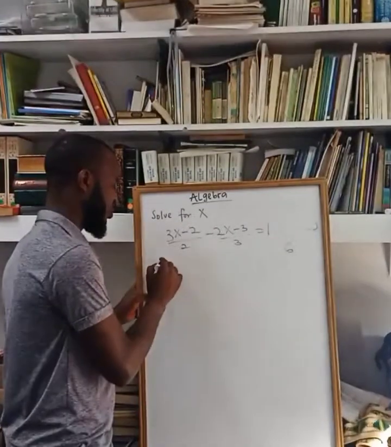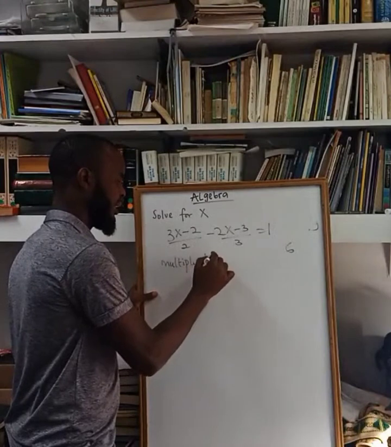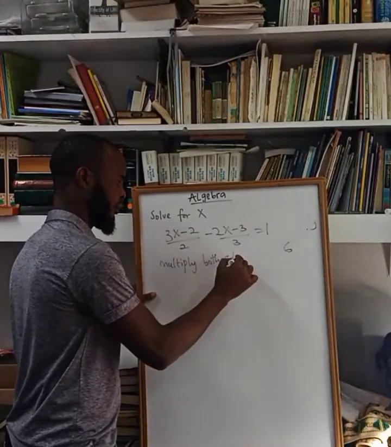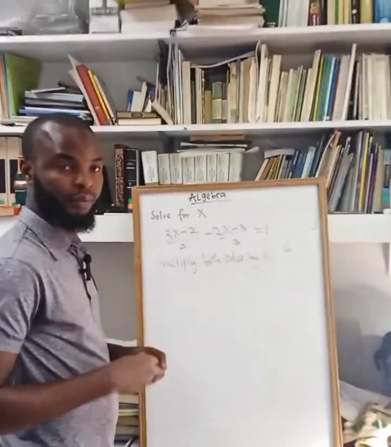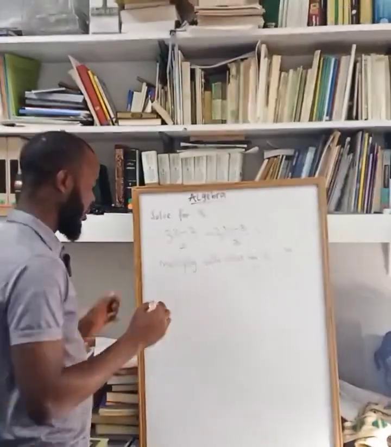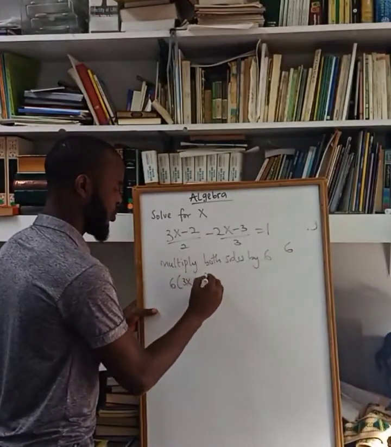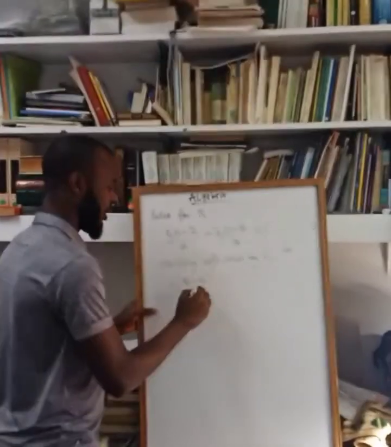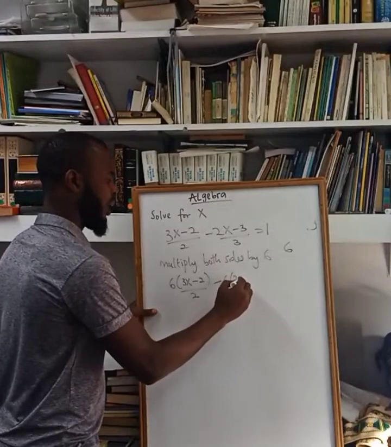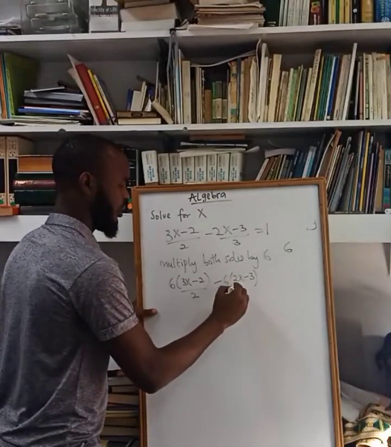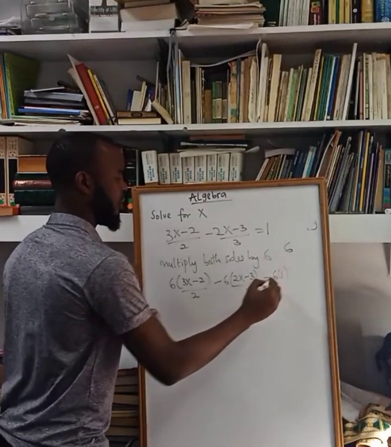So the next thing is to multiply both sides by 6, which is the LCM. Multiplying both sides by 6, here I'm going to have 6 times (3x minus 2) over 2, minus 6 times (2x minus 3) over 3 equals 6 multiplied by 1.